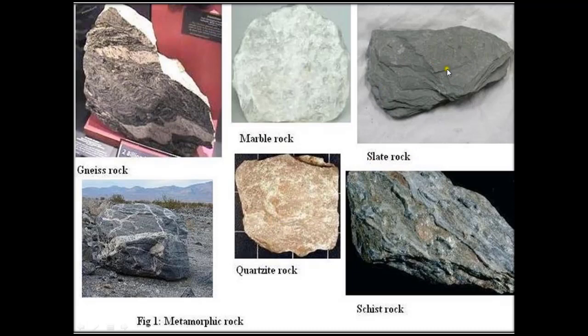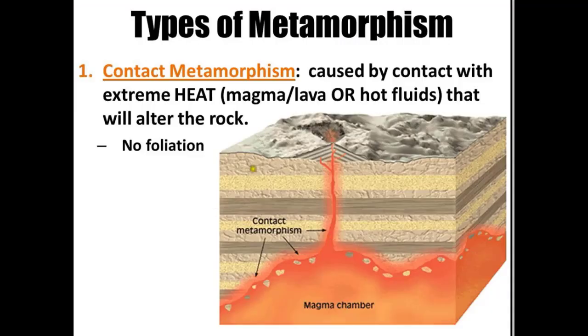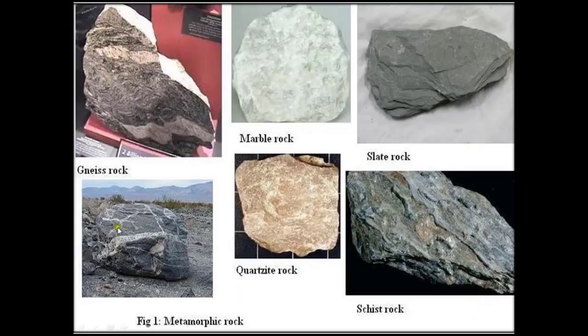Here you can see the slate rock, schist rock and gneiss rock. We can see different such metamorphic rocks here. In today's discussion we are going to end with the metamorphic rock and the different processes of the metamorphic rock. So these are the different metamorphic rocks which we can see here.